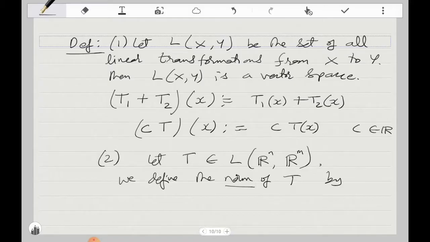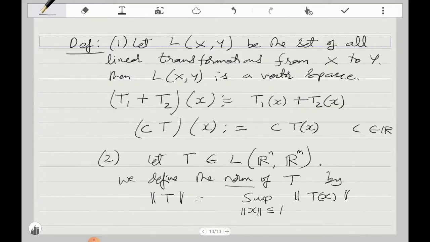So the sup norm is defined by: the norm of T is the sup of norm of Tx, and this sup is taken over all vectors x with norm less than or equal to 1.